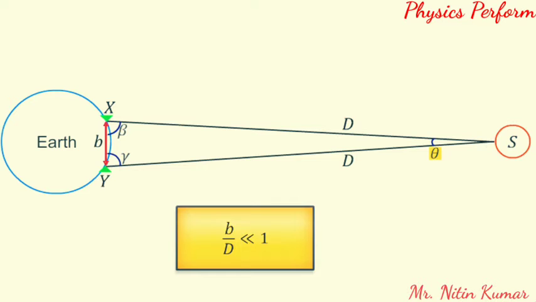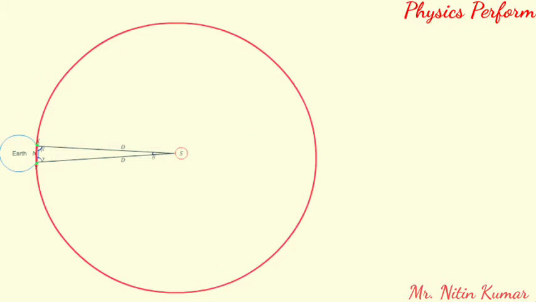Subsequently, we consider X and Y as two points on arc of a large circle with its center at S and radius d. By definition of angle, theta is equal to the ratio of the arc length, which is the basis b, to the radius of the circle d, where theta is taken in radians.